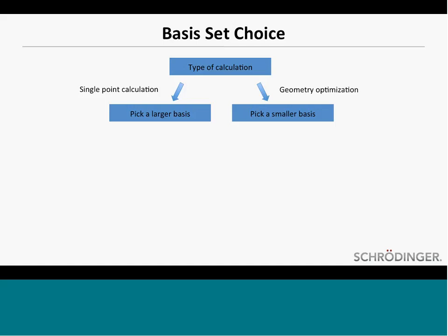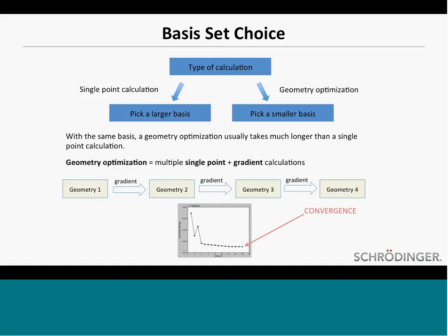Conversely, if you do want to run a geometry optimization, you want to make sure that all of your bond angles and lengths and so forth are in the good position. You might do this by picking a smaller basis set, because this is going to be a longer calculation.